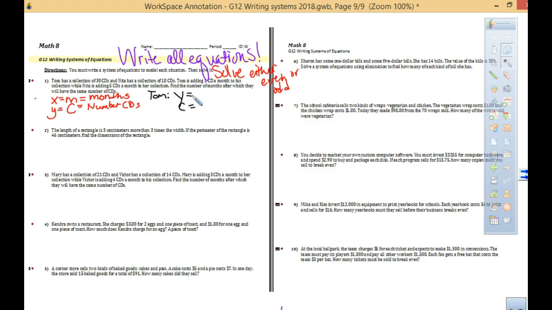How many CDs is he gaining each month, Riley? Each month he adds how many to his collection? Okay, is he adding 18 a month for Tom? Tom is adding 1. So that's going to be my 1x or 1m, right? Plus, how many did Tom start out with? You started out with 30.